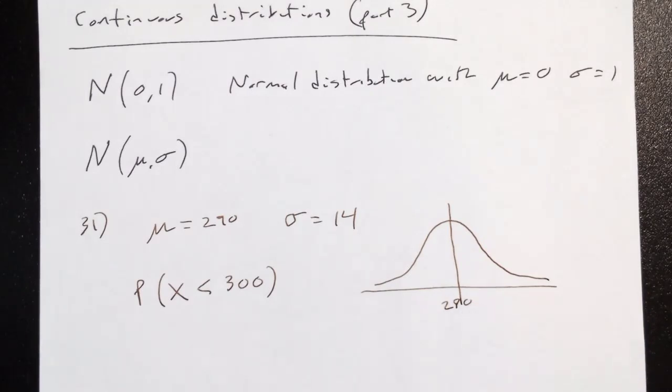There's my average, 290. My standard deviation tells me how wide it is, but is 300 to the left or the right of that vertical line?